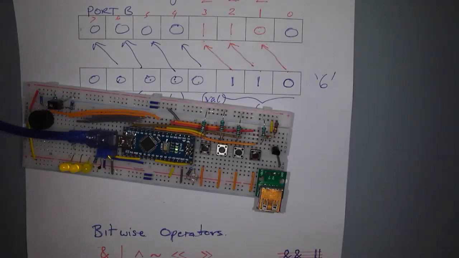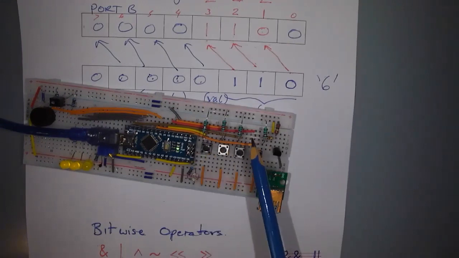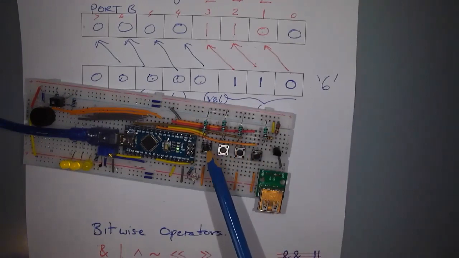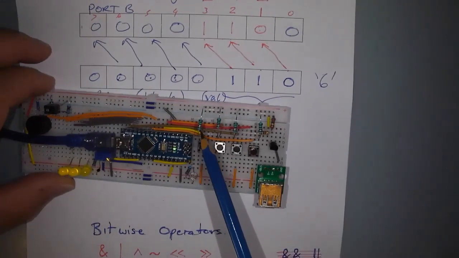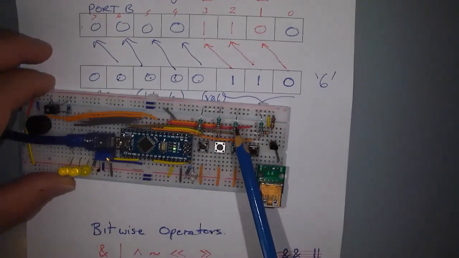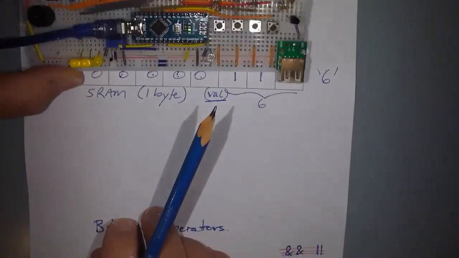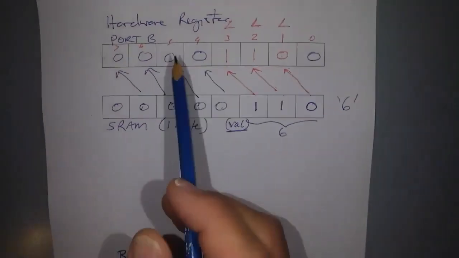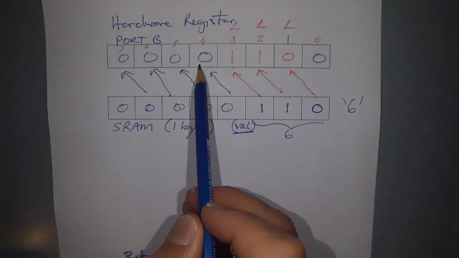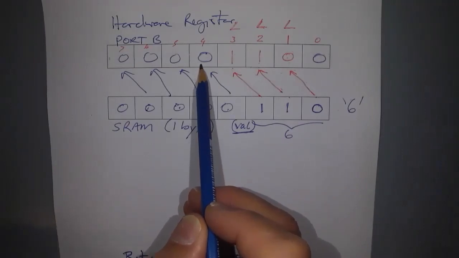Switch 3 is on B4. So I can get away with this at the moment because I'm using the external pull-up resistors and not the internal ones. But if I decide in the future that maybe I want to change from using external pull-up resistors to the internal pull-up resistors, then this value here I can't write it to 0, because what will happen then is it will turn off the internal pull-up resistor.